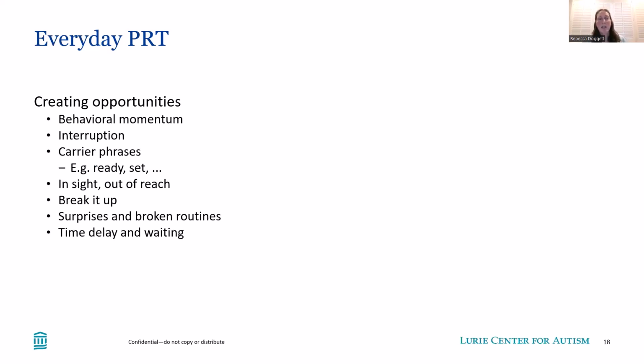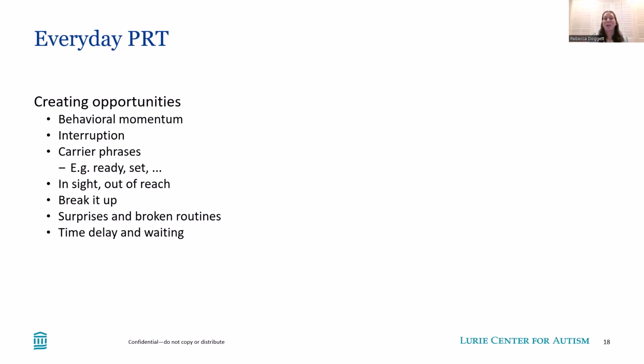So we've talked about some ways that PRT can be incorporated into everyday activities, but I just wanted to think about a few other strategies. Let me just highlight a couple here on this list. So carrier phrases are phrases that we all know as one thing, like ready, set, go, or 1, 2, 3.